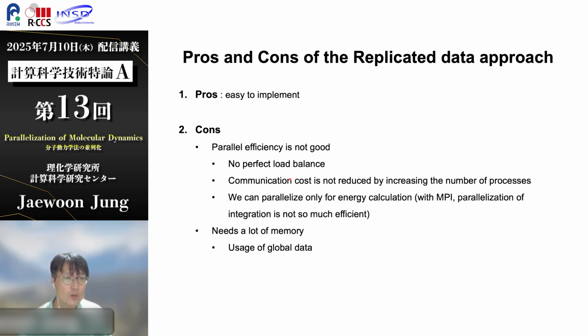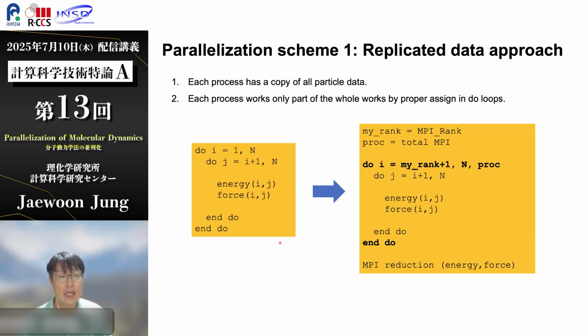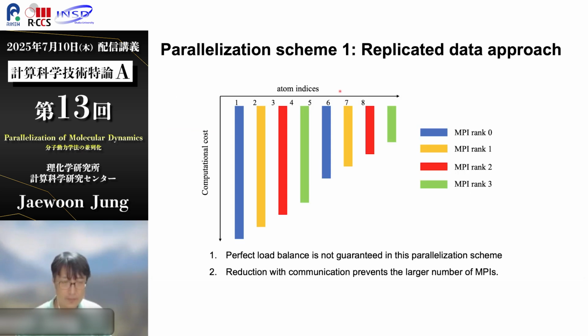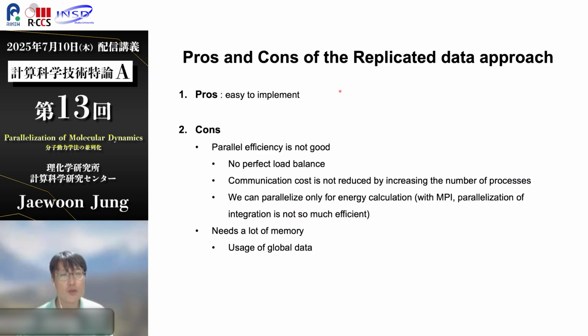There is no perfect load balance, and the amount of communication cost is not negligible. In some cases, the parallelization might not be so useful. And it also needs a lot of memory because in this case, every process has a copy of all particle data. So this one cannot be used for very large systems.